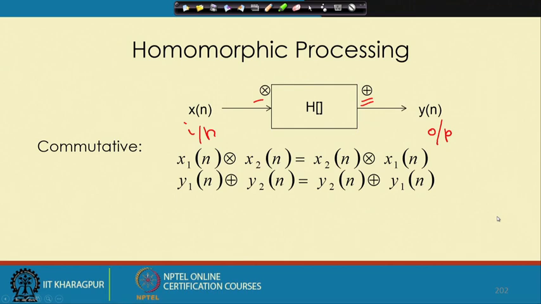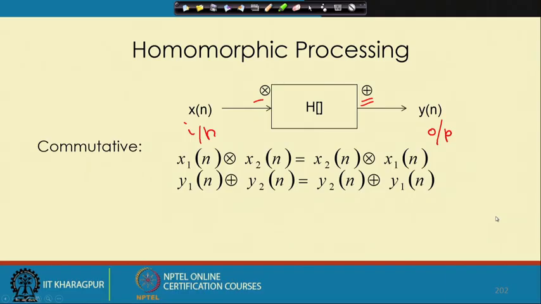So, in real life not everything is commutative; the order of operation is very important. But here, some of the operations are such that the order is not important. For example, when we multiply two numbers, whatever order we take, 3 into 5 or 5 into 3 gives the same result.